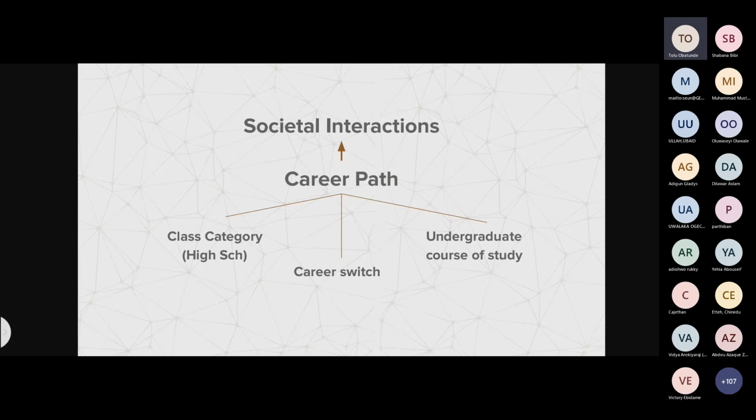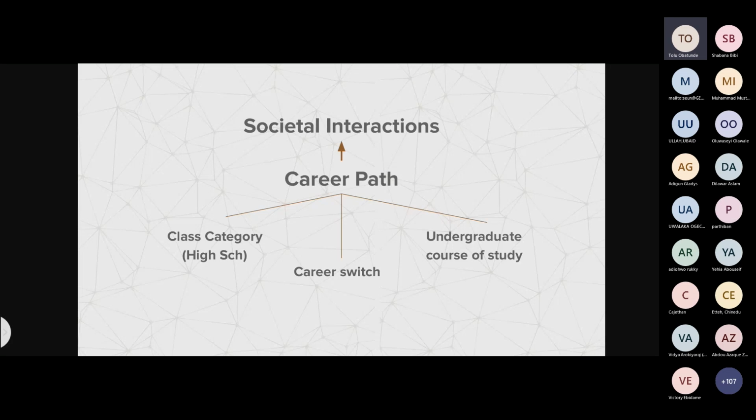And that is the time where you are meant to make the most important decision of your life as to what class category you want to journey with, which will eventually determine the career options that will be spread before you. So this point funnels into your eventual career path.